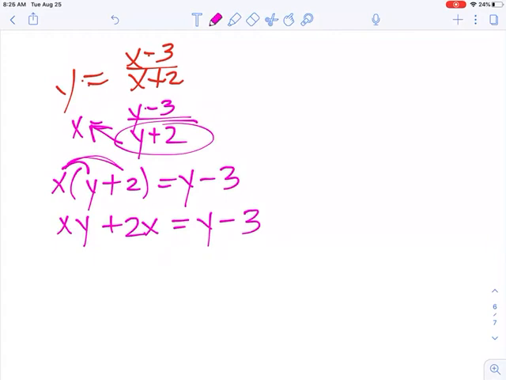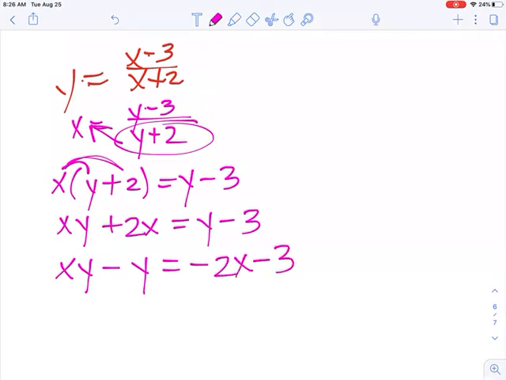Now here's where your work could look different than mine. Depending on which side of the equal sign you put the y's and the non-y's, we could look different. So I am going to put the y's on the left side. If you put it on the right side, I'll talk about how yours might look a little different, okay?